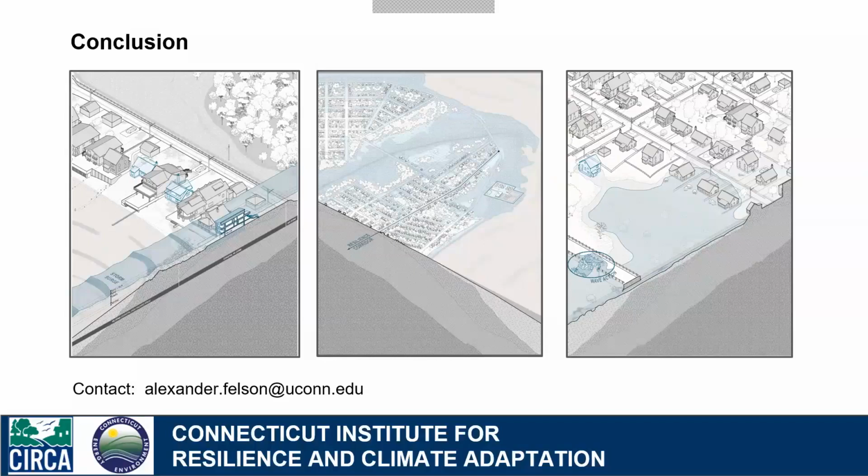Mm-hmm. And Alex, you've worked in Bridgeport, East Haven, and West Haven. I'm curious if you have any insights on the resilience projects that you've been involved in in some of those communities. Yeah, I do think this question of income equality is a major consideration when dealing with flood risk.